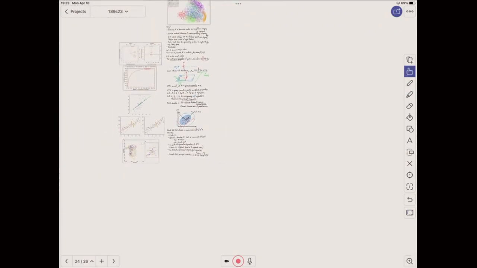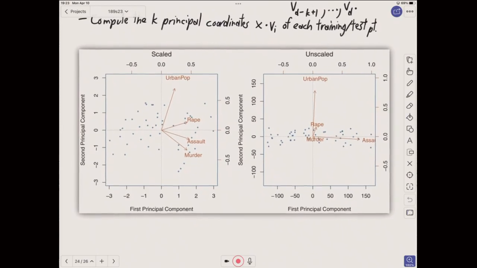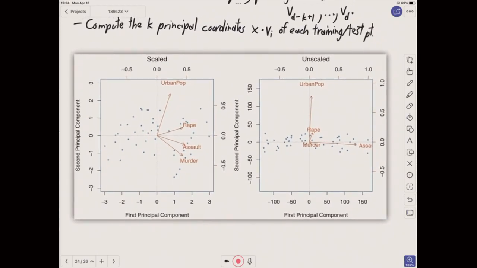Now, one of your textbooks has a figure that compares normalizing with not normalizing. The main thing you're supposed to take from this is that it is not always clear whether you should normalize or not. What's going on here is that someone has four-dimensional data.